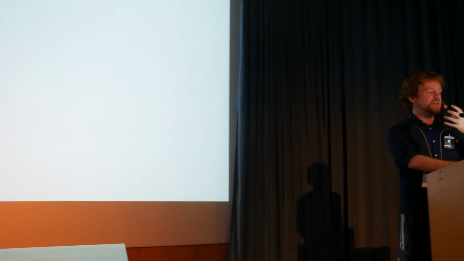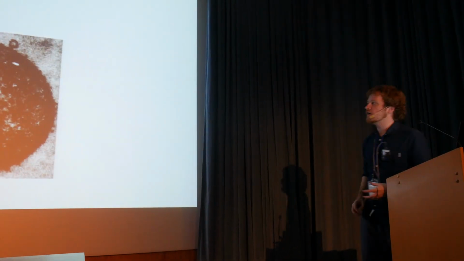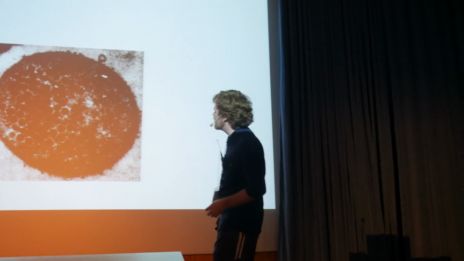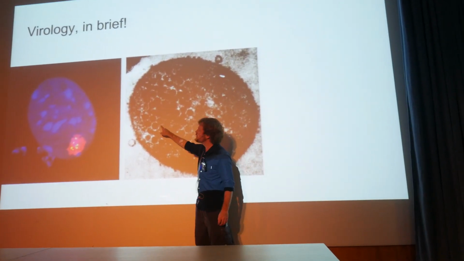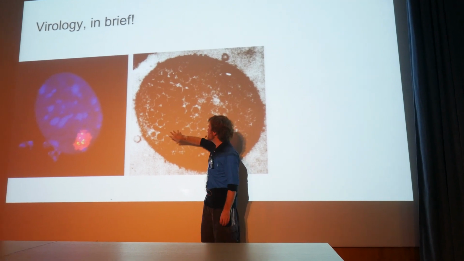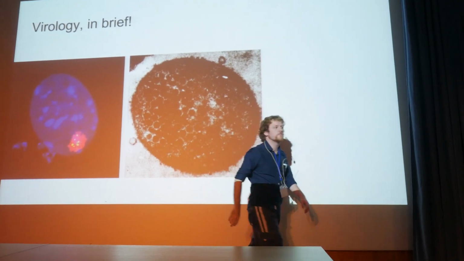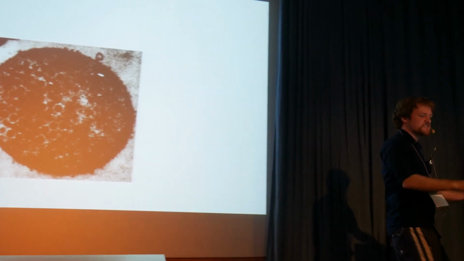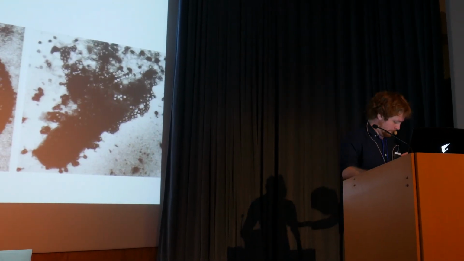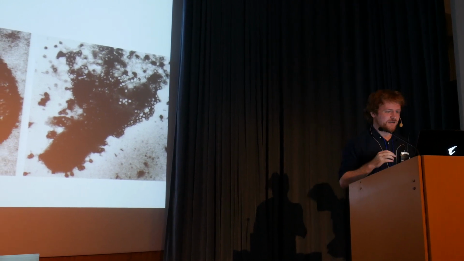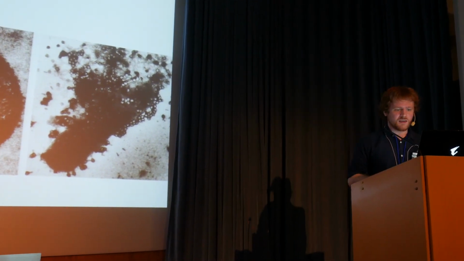If you were to leave this cell for a while, it would become full of, can everyone make out the little black things here? It's filled with these little black spots, and those are virus babies, so to speak, or full viruses really.